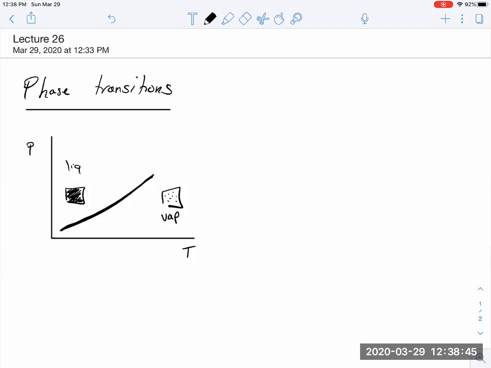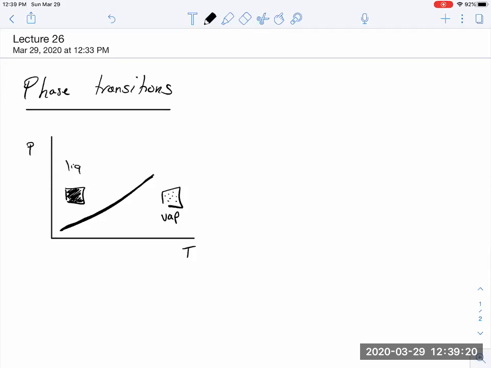Now, last lecture, we discussed some dynamical implications of these phase diagrams and what it actually means to try to take a vapor and convert it into the liquid. That discussion led us into things like surface tension and the distinguishing features of different control parameters, and how they impose different sorts of constraints on what phases we see.